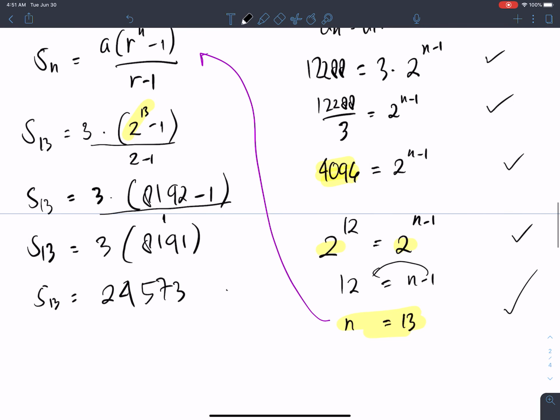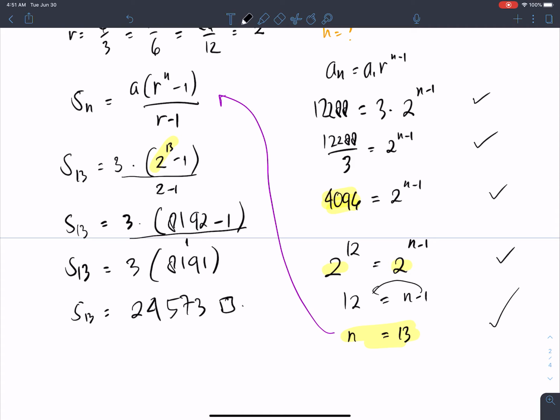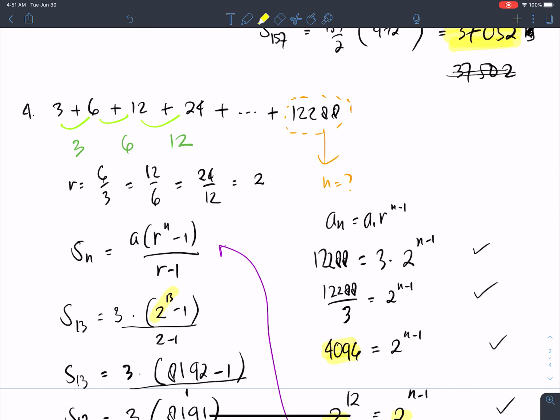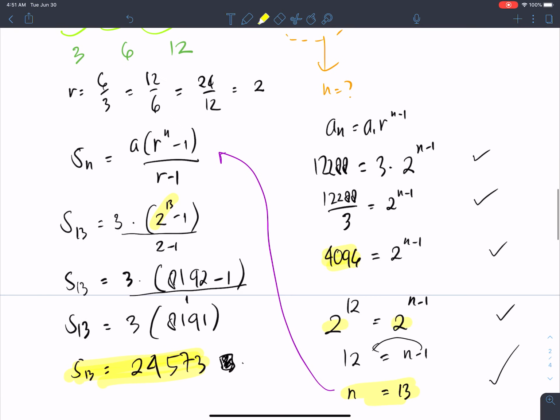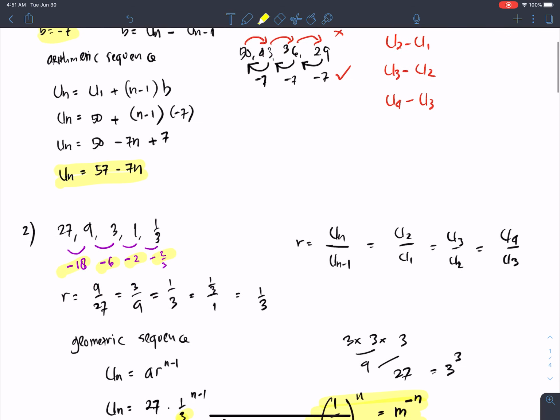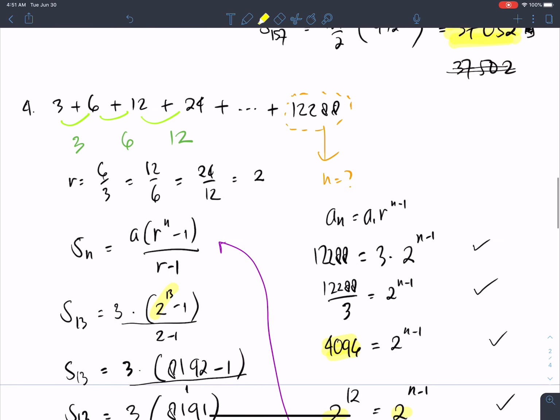So this is good. Okay, so this is the total of the sequence for this one.